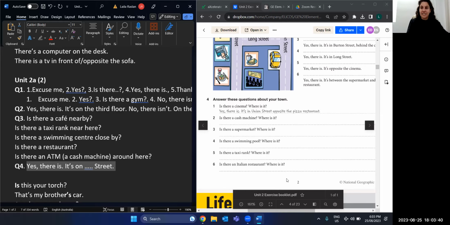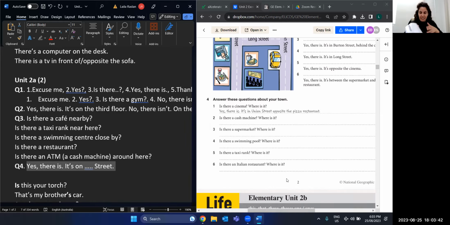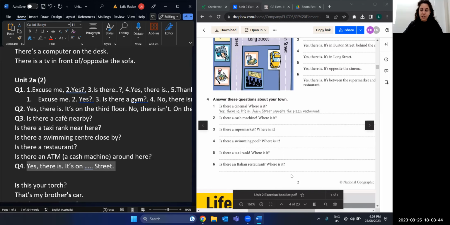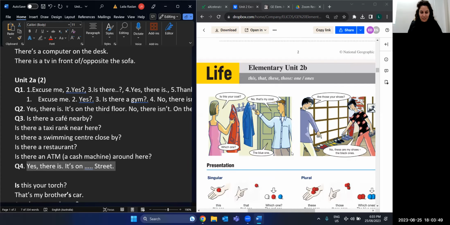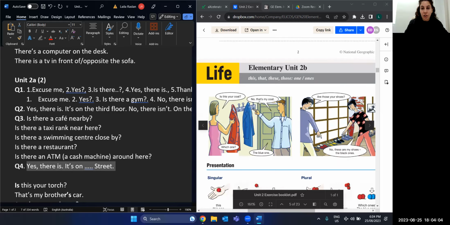Okay, let's go to the next section to keep practicing before the test. So if you remember, we looked at this, that, these, those. So again, this is about objects. So in the first one, the woman is asking, is this your coat? That's a question with the verb. The man says, no, that's my coat.